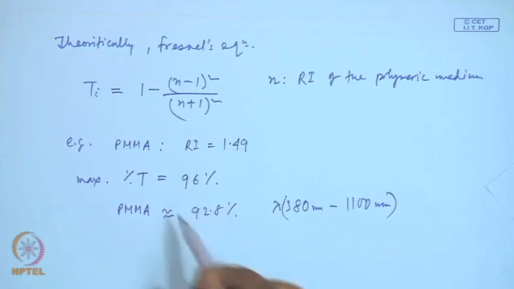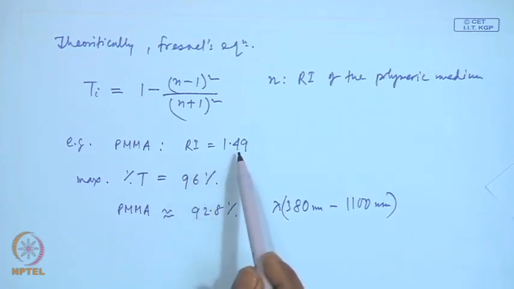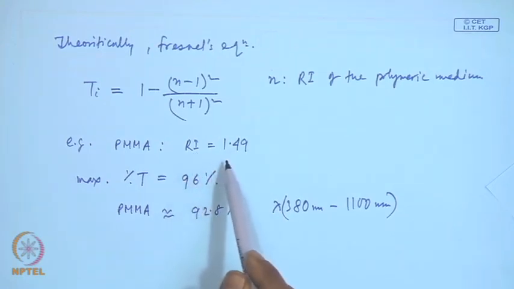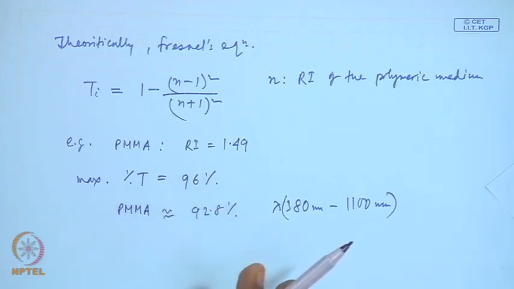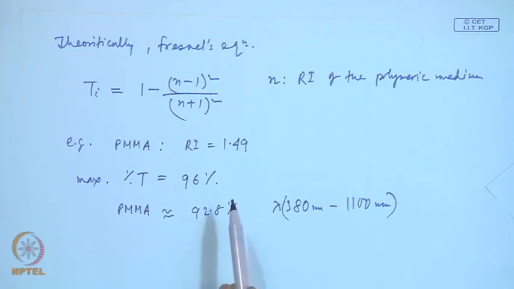So, what we learn from here is that if there is no scatterer present and nothing absorbing light in the polymer matrix, then the transparency is dictated mainly by the value of the refractive index.